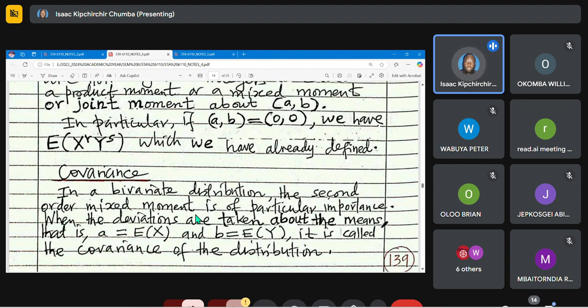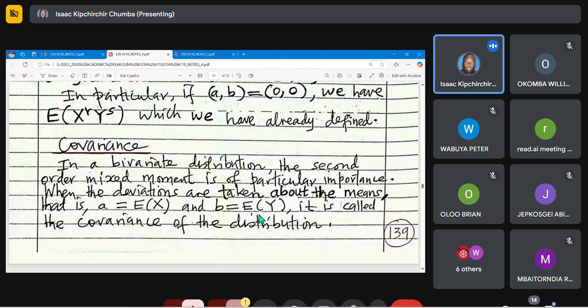When the deviations are taken about the means, we let A be the mean of X and let B be the mean of Y. It is called the covariance of the distribution. We are saying it is a second order mixed moment and the deviations are taken about the means. Then we have what we call the covariance of the distribution.